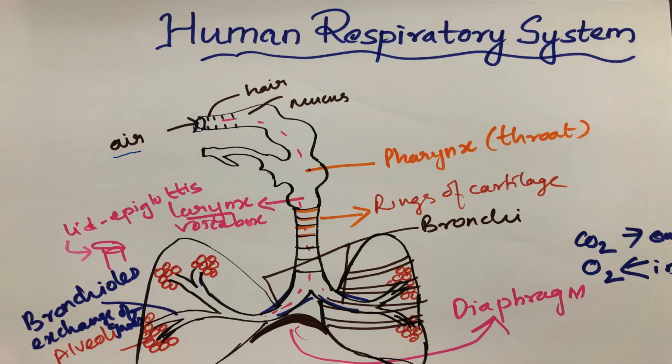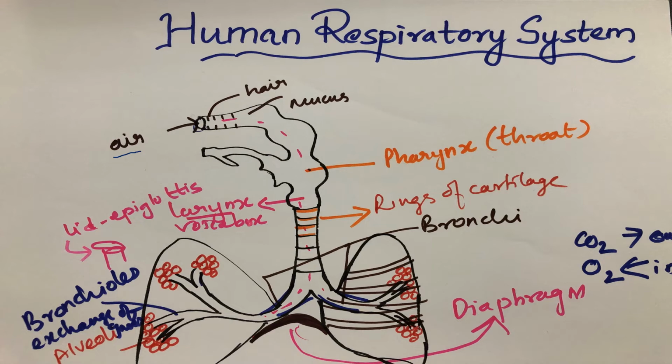The air enters the throat part, called the pharynx. Then here we have the voice box, the larynx, and the larynx has an epiglottis, a cover which prevents food from entering the trachea or windpipe. Here we see the rings of cartilage which protect the trachea, otherwise it would collapse. Then the trachea branches into two, called bronchi, and the bronchi again branch into bronchioles.